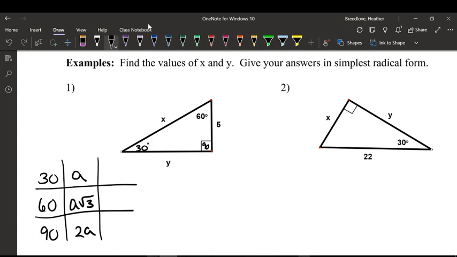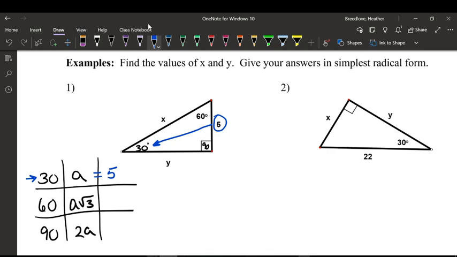Once you get it set up, then you find what's given to you. I'm given this 5. I have a side length of 5. That looks like the short leg, and it is because it's across from 30 degrees. So I'm going to fill in the 5. So I have an equation here, A equals 5.